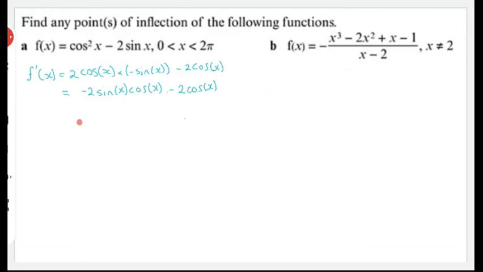And then to work out the second derivative, you haven't done trigonometric identities, have you? Or have you? Oh, we have. Do you know what 2 sine x cos x is the same thing as? Yeah, if you did your compound angle formulae, double angle formulae.